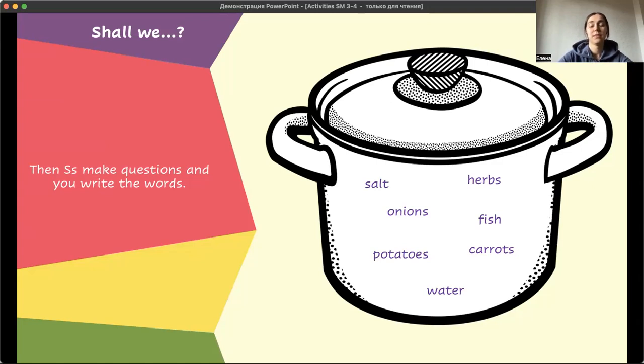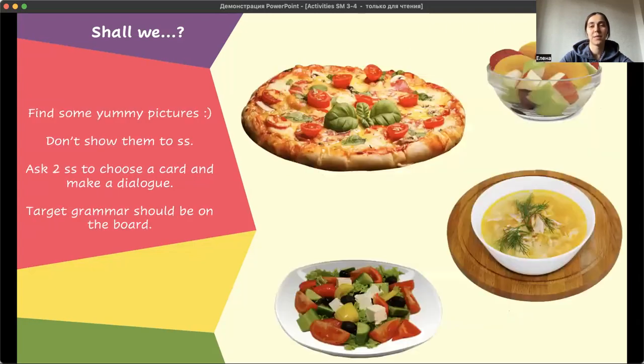And then I usually find some yummy pictures like pizza, salad, fruit salad, soup, and I don't show them to students first. I ask 2 students to come to the board, take one of the pictures, and one of them is a cook, another one is a hungry person, and they make this dialogue using target grammar on the board.